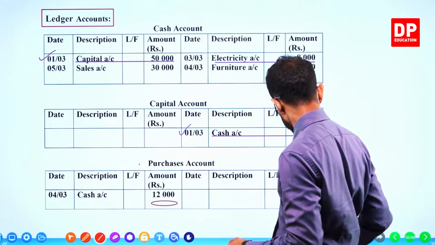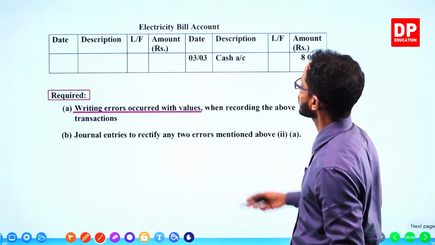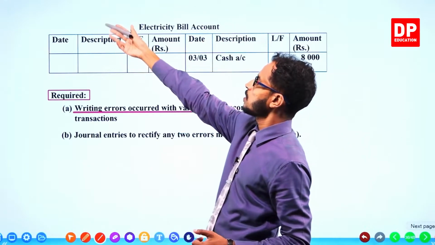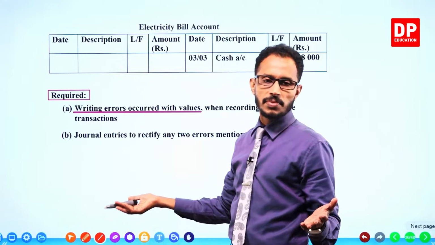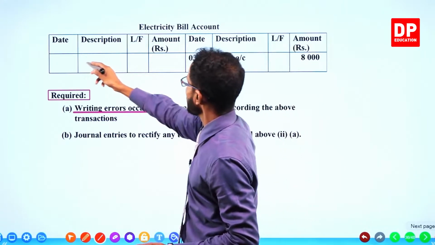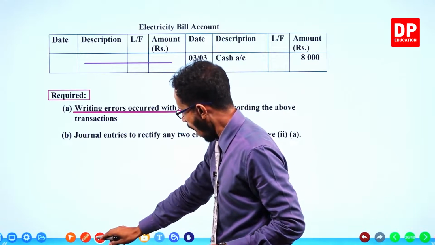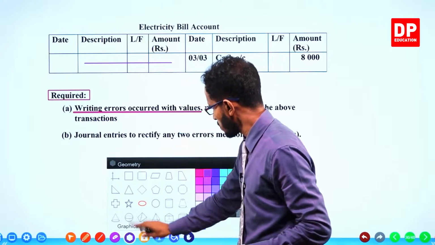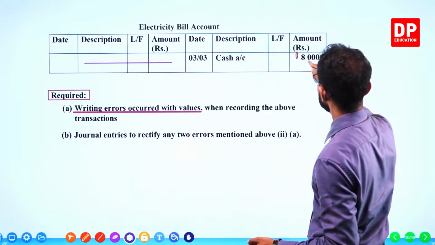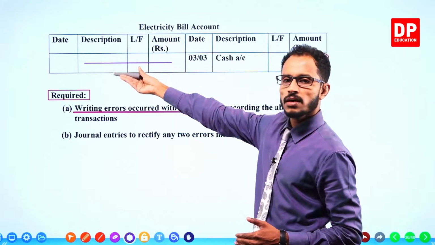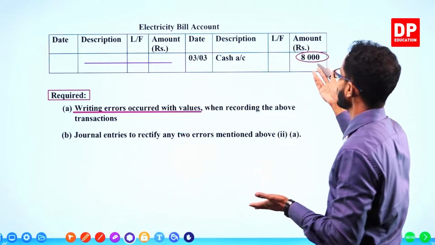Where is the electricity bill account? Oh no! There's another error. Electricity bill account is not debited. It is credited. See, electricity bill account should be debited, but it is credited. That is wrong.